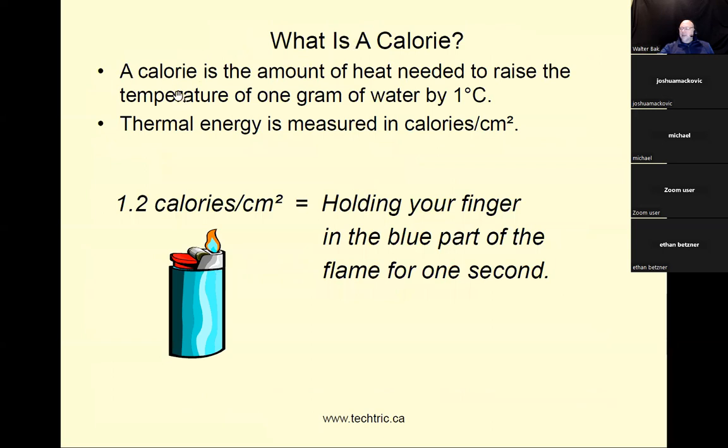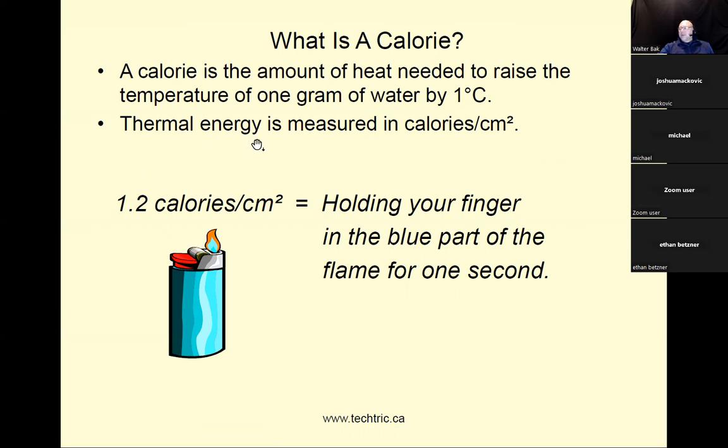What's a calorie? A calorie is the amount of heat needed to raise the temperature of 1 gram of water by 1 degree Celsius. So if you have 1 gram of water and you make it warmer by 1 degree Celsius, you delivered 1 calorie.